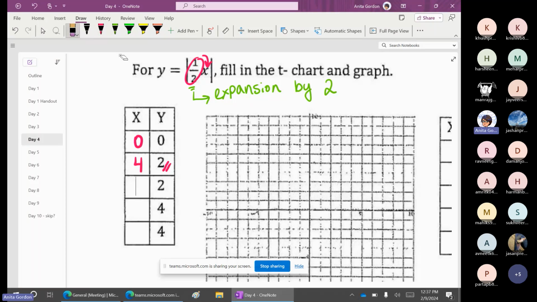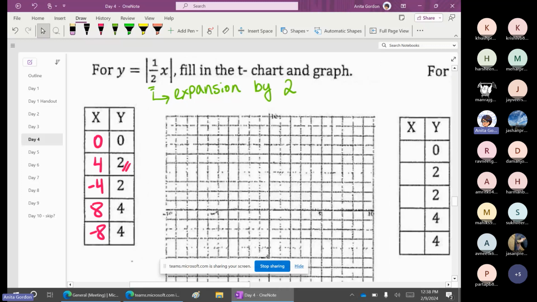And because this is an absolute value function, what's the other possibility? -4. And so in order to get 4 by dividing a number by 2, it must be an 8, right? So I'm working backwards in my mind. What did I do to get the y? I divided by 2. So to find the number, I multiply by 2.